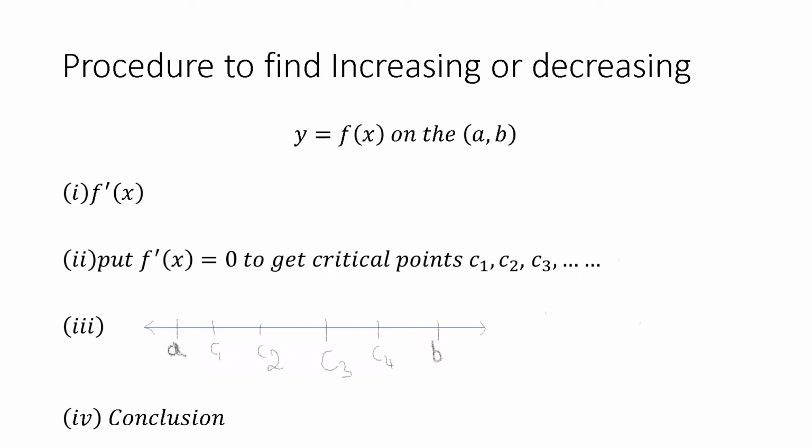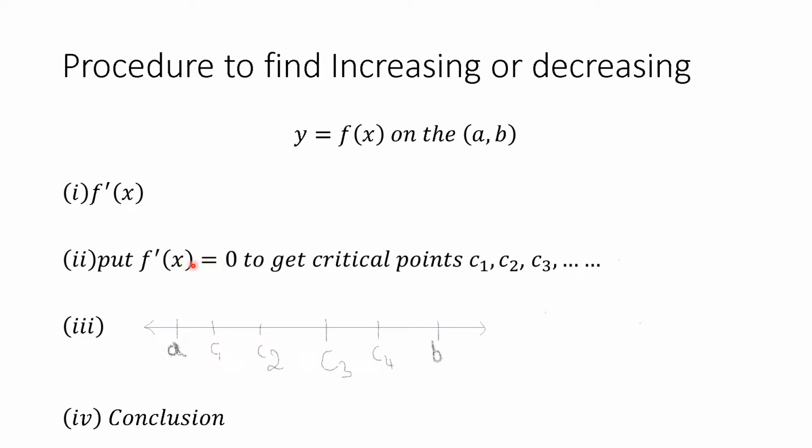Procedure to find increasing or decreasing function. First write down the function and the interval. Here the first step is to find its derivative. Here f dash of x is the derivative of f of x. What is the next step? Put f dash of x equal to 0.